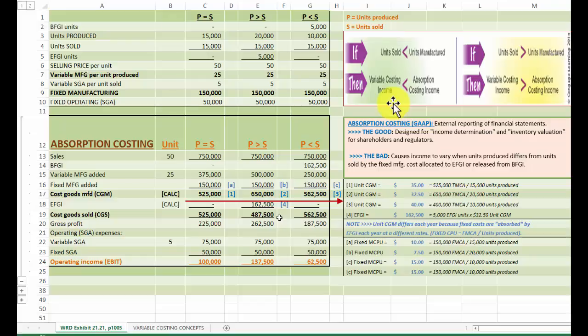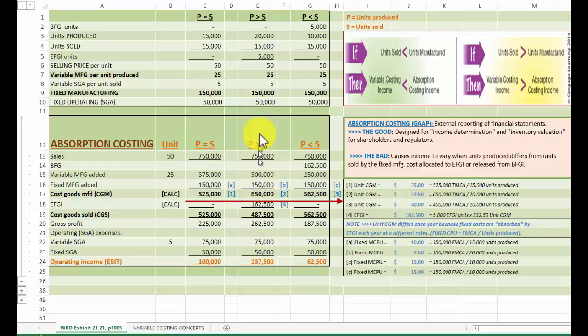$487,500. Cost of goods sold of $487,500 subtracted from $750,000 of sales gives gross profit of $262,500. Deducting the variable selling, general, and administrative expenses, the company sold 15,000 units, the same as in the first period, at $5 a unit, so that would be the same $75,000.